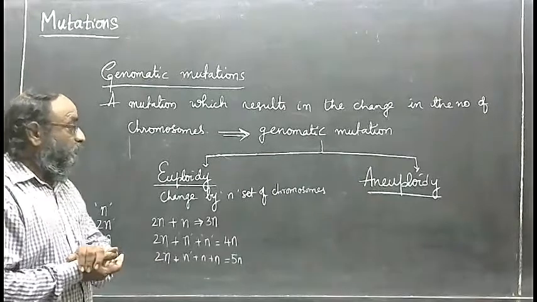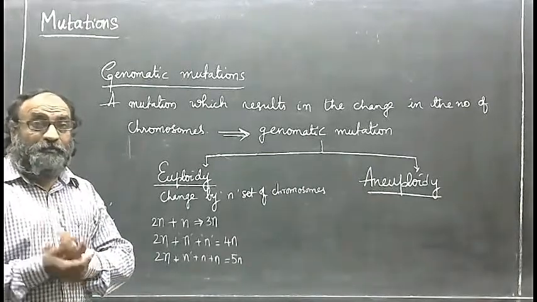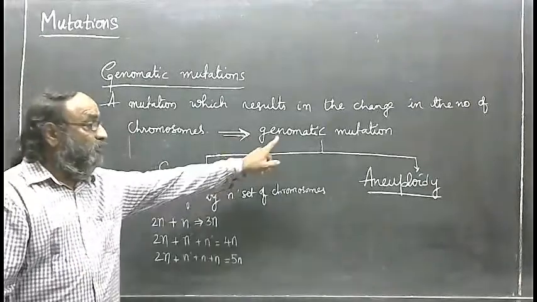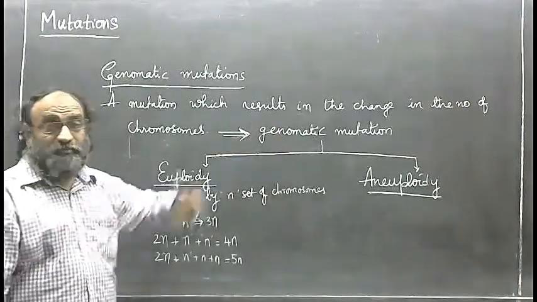So, the occurrence of polyploid condition is a case of genomatic mutation.